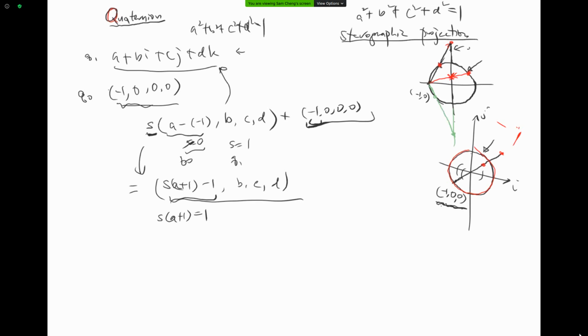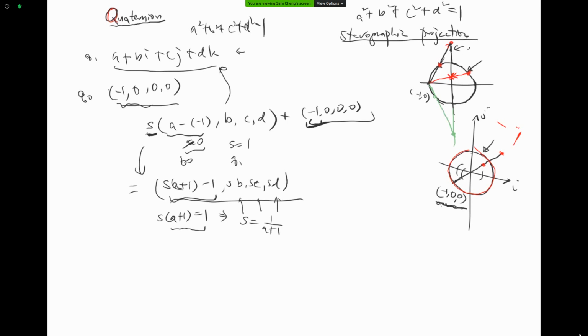When that happens, this coordinate here will give me the 3D coordinates. So in this case, this will give me s equal to 1 over a plus 1, right? Wait, I'm sorry, I should have s multiplied to here also: s multiplied by b, s multiplied by c, and s multiplied by d.